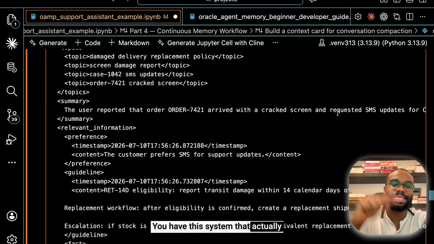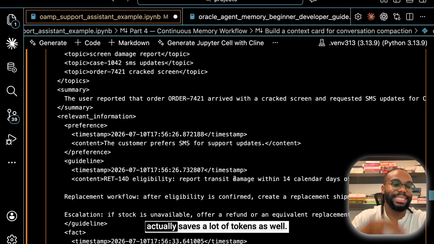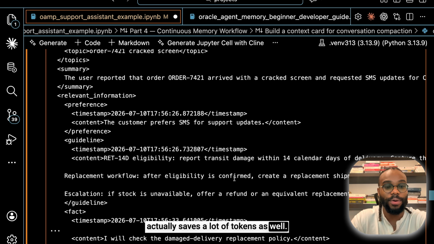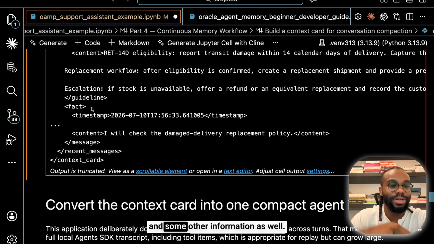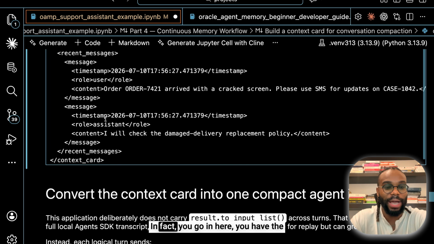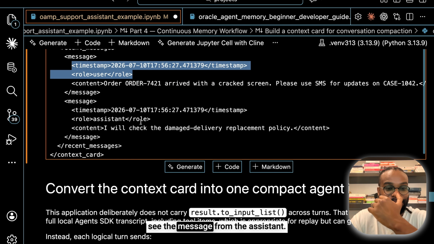You have a system that generates a summary for you, so you don't have to generate it yourself, which saves a lot of tokens as well. You have the relevant information such as the preference, the guideline, and some other information as well. In fact, if you go in here, you have the recent messages, and you can see the message from the user, and then the message from the assistant.